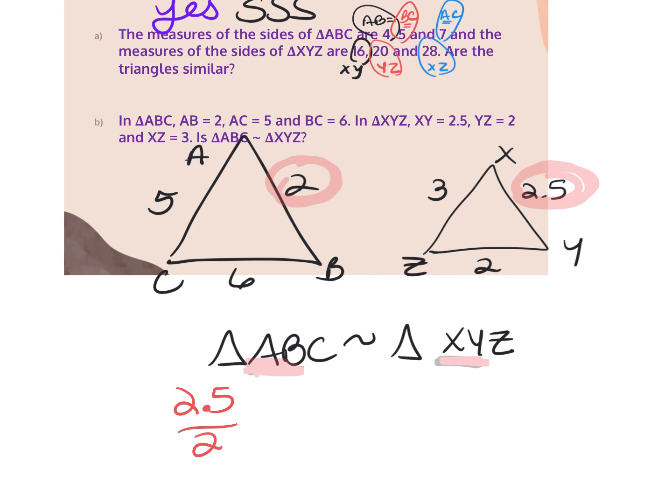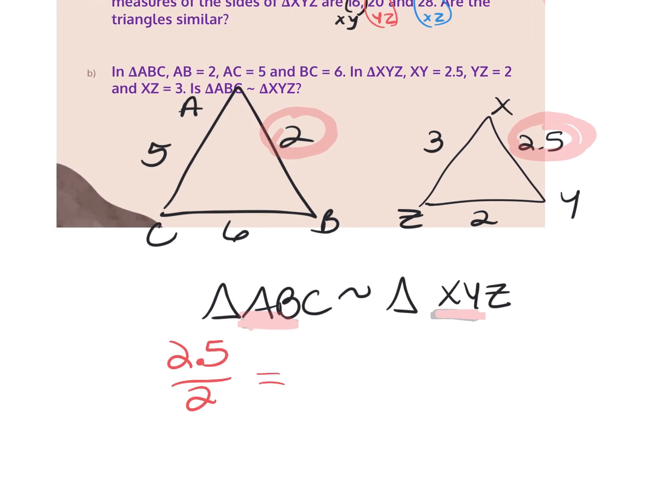Now, whenever you have a decimal and a fraction, to simplify this, essentially I could move my decimal point 1 time and then move it 1 time here. So then this would turn into 25 over 20 and make it 5/4. Essentially what I did was times the top and the bottom by 10.